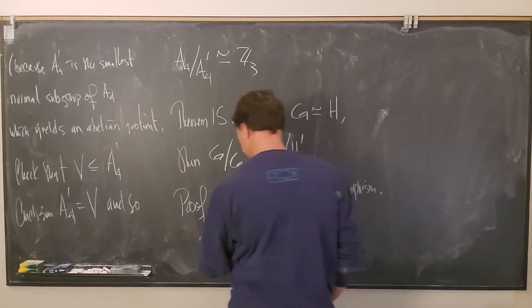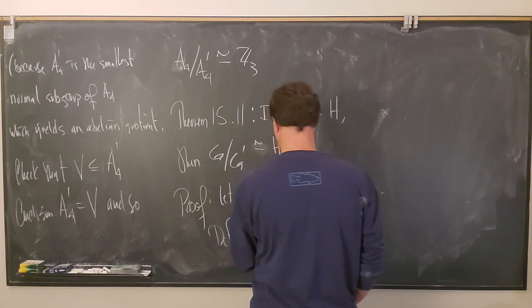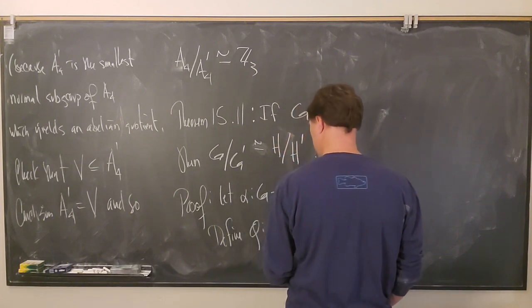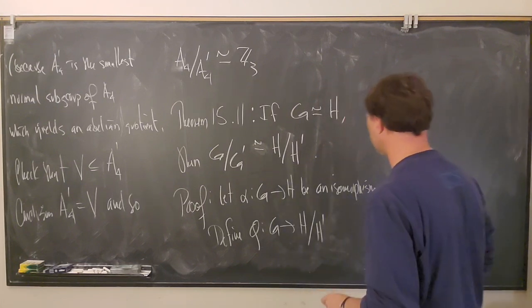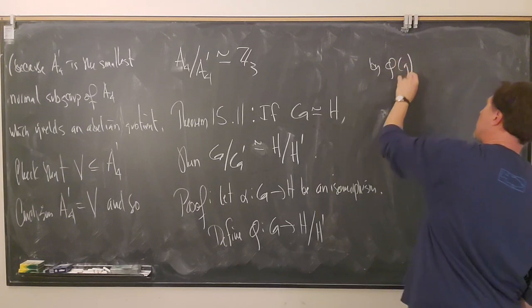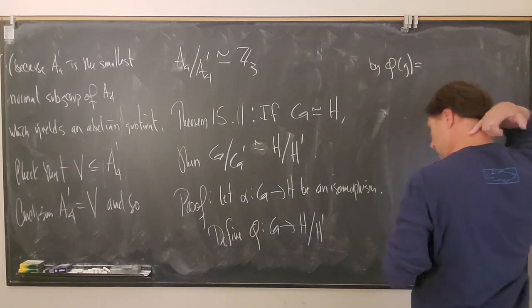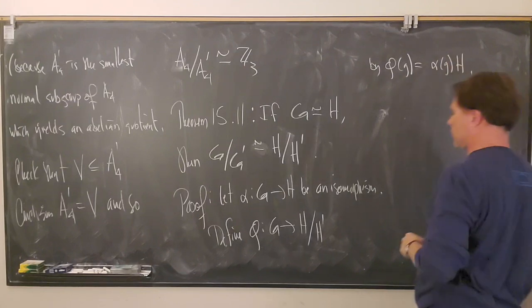And then define phi from G to H mod H prime by phi of little g equals the obvious thing: alpha of g times H prime.